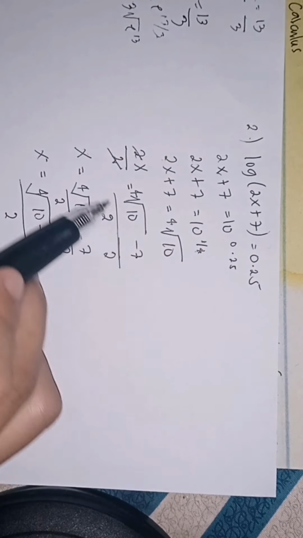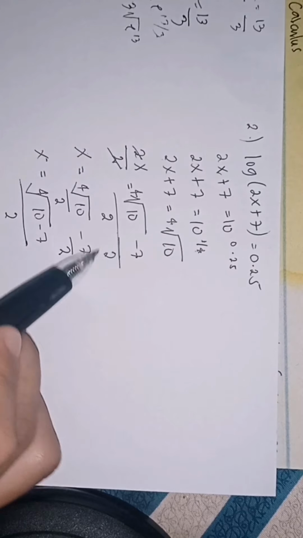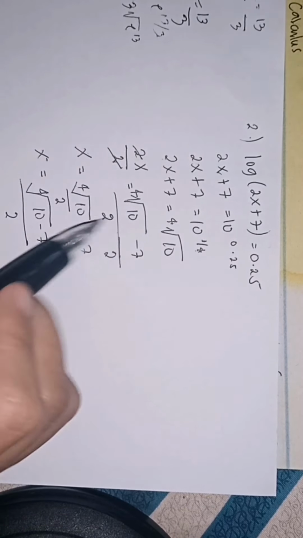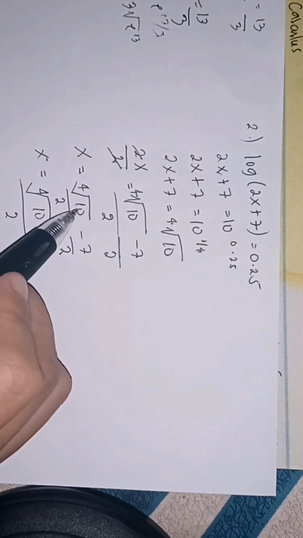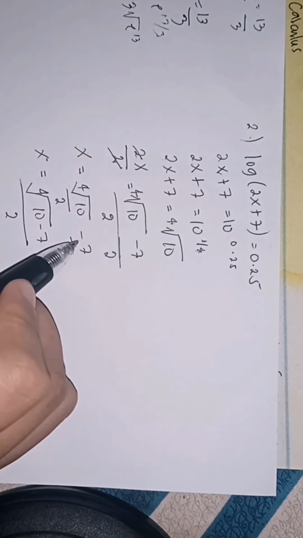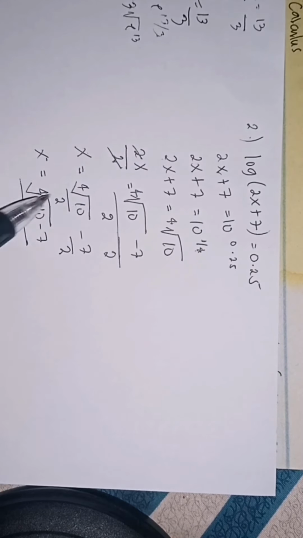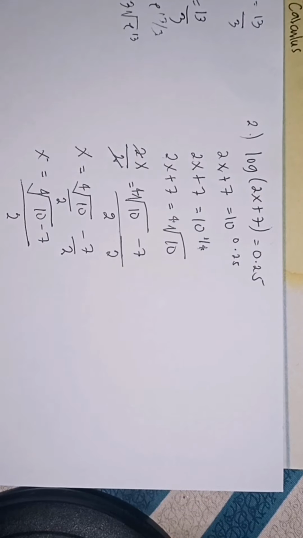So x equals the fourth root of 10 minus 7, all over 2. We combine them into one fraction, with 2 as the denominator.